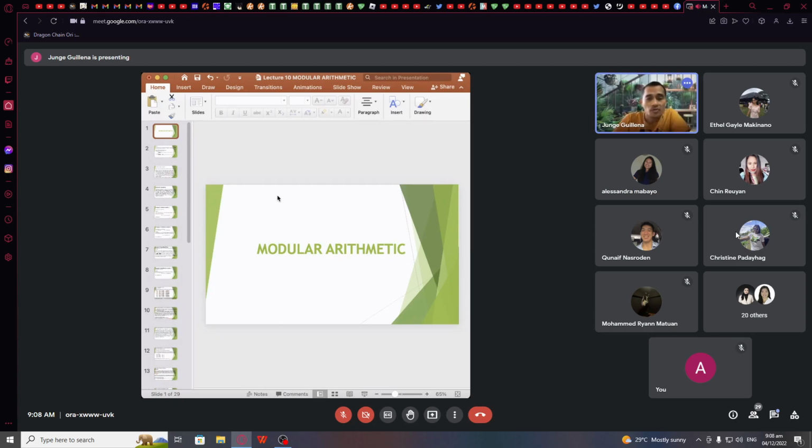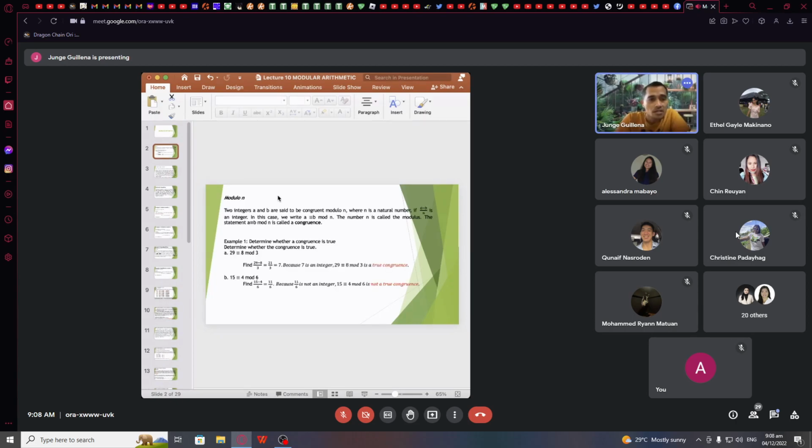Okay, so we'll define first what is modulo based on the concept of modular arithmetic. Two integers a and b are said to be congruent modulo n, where n is a natural number, if the ratio of the difference of the two numbers a and b over n is an integer, so it results in an integer quotient.